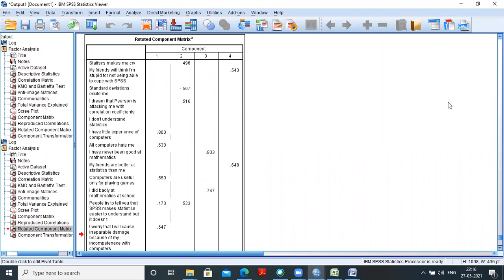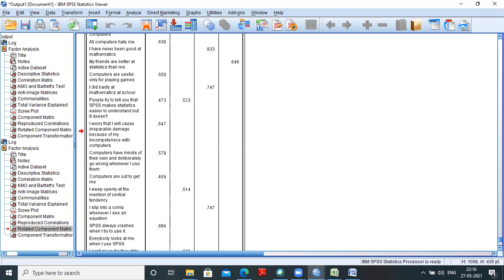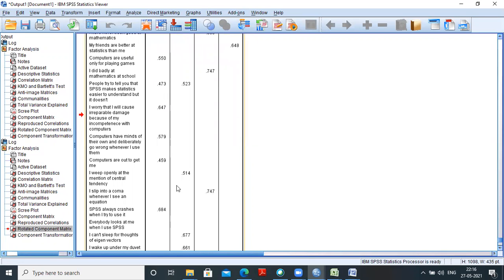Now, here again, people try to tell you that SPSS makes statistics easier to understand, but it does not. That means again, statistics is difficult. All the statements which are related to difficulty in understanding of statistics are loaded on the second component. I weep openly at mention of central tendency. Then I can't sleep for the thoughts of eigenvectors, right?